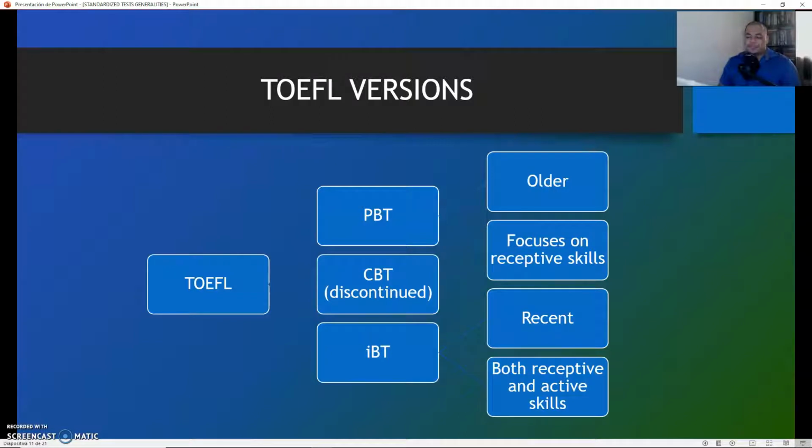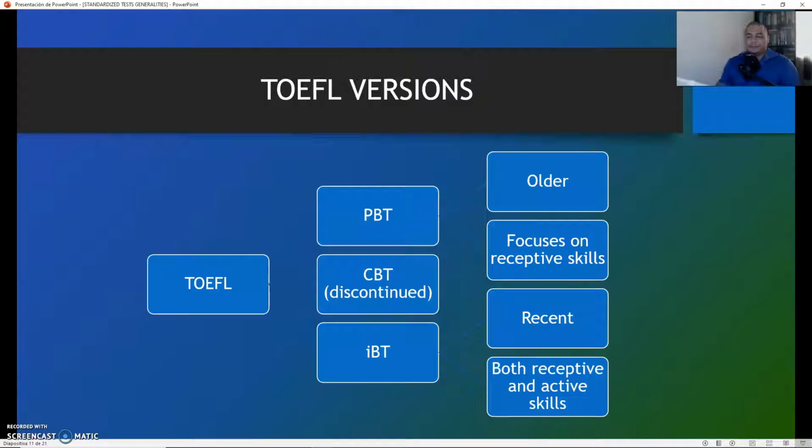Now, we also had the TOEFL CBT, a computer-based test, which was pretty similar to TOEFL PBT, but it included some questions that were facilitated by the use of the technology at the time. But it was pretty similar to the TOEFL PBT. Why did it disappear? Well, the internet killed it.